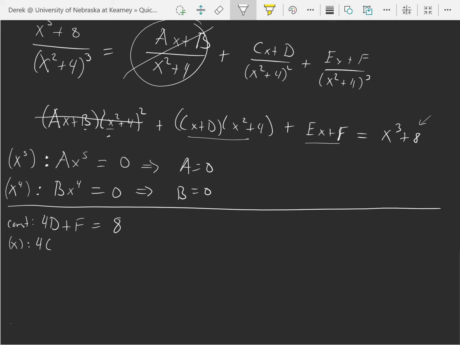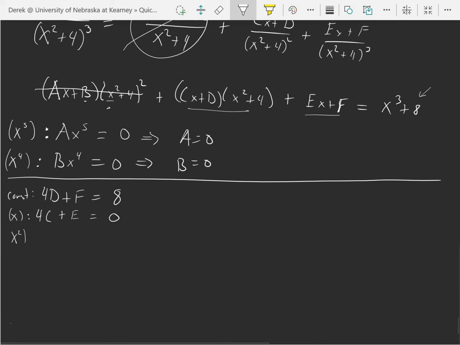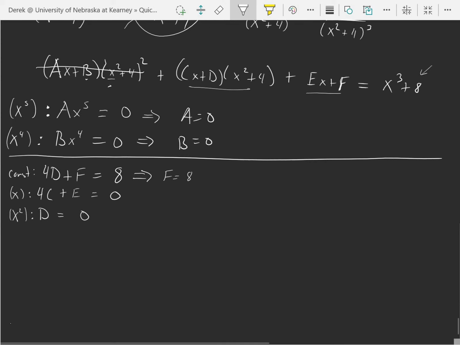I can't get an x term using d, and then I get plus e equals 0. I can get an x squared term. I can get x squared from d, and that's the only way I can get x squared. So d equals 0. It tells me that f equals 8. So I get d equals 0, f equals 8, a equals 0, b equals 0.